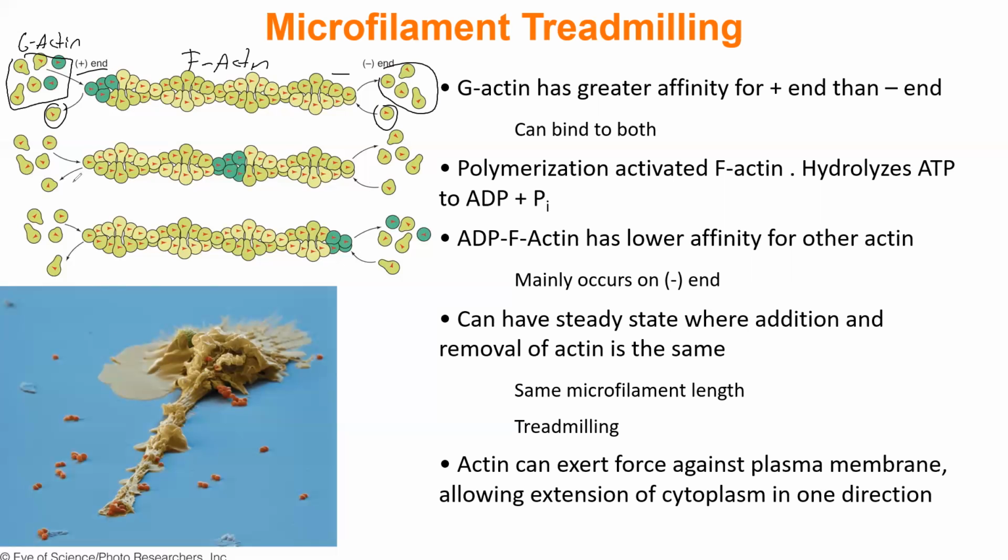And this is really shown if you follow these green actins, in that you can see that they are moving through F actin because you are continuously adding to one end and you're being removed from the other end. So the actin itself is traveling by adding to one end and removing by the other end.